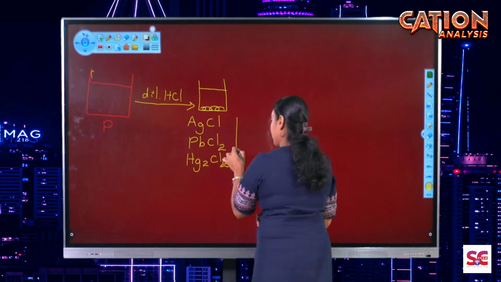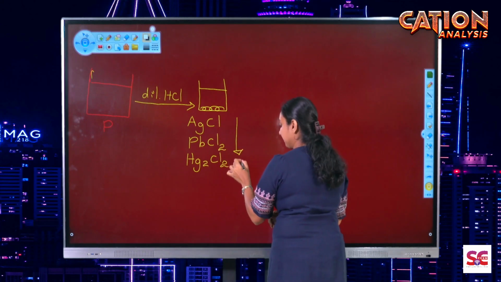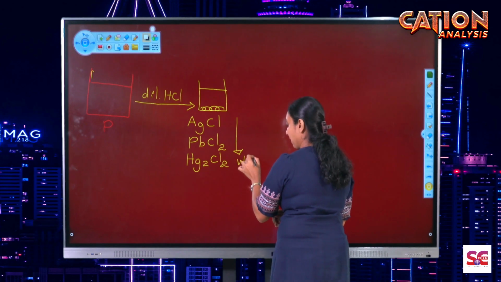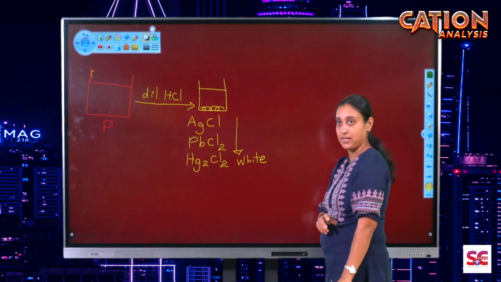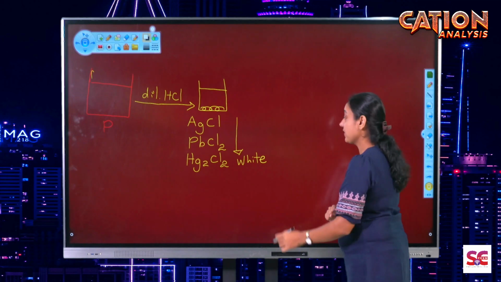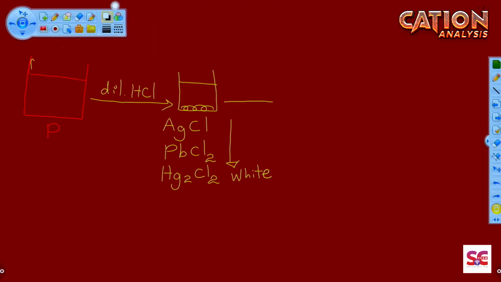All three precipitates are white in color. Then I take the filtrate and move to the second step.